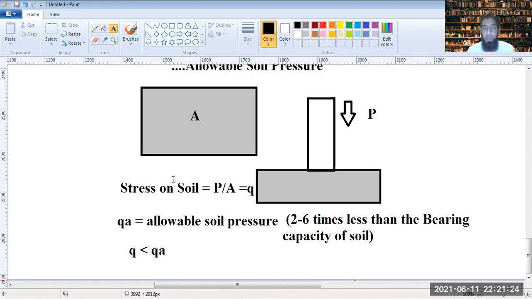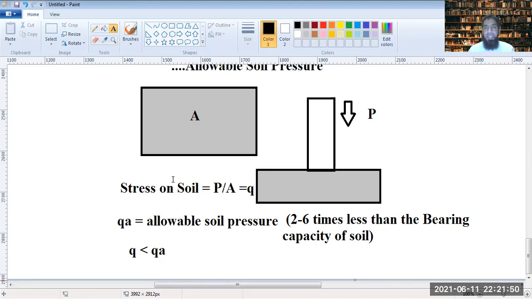Now, for the design itself, we could have gone for the limit state method for design of the foundation. Two limit states would be there: one is the ultimate limit state, and the other is the serviceability limit state.